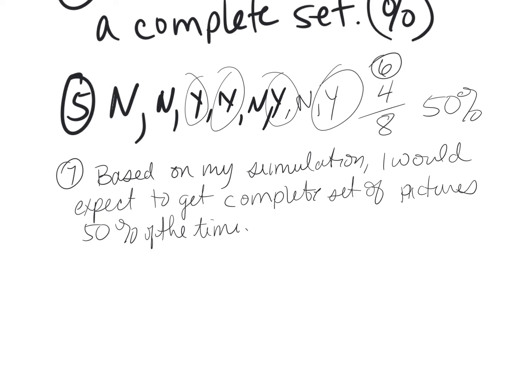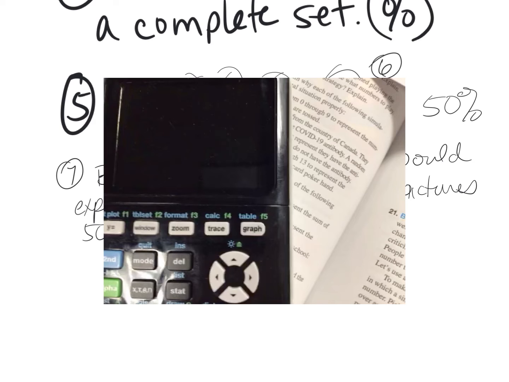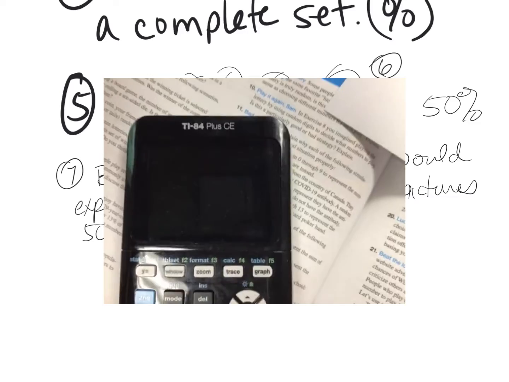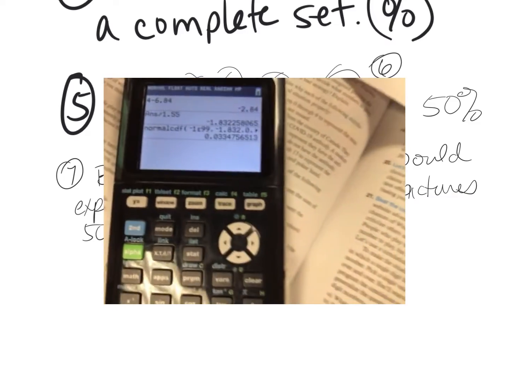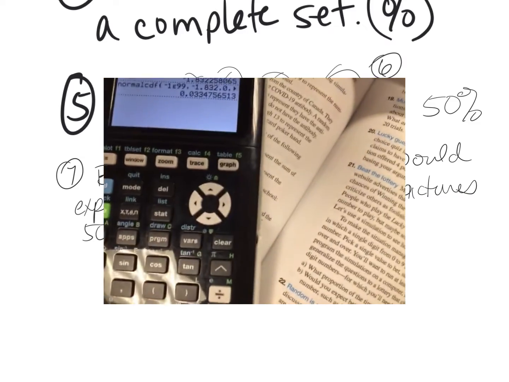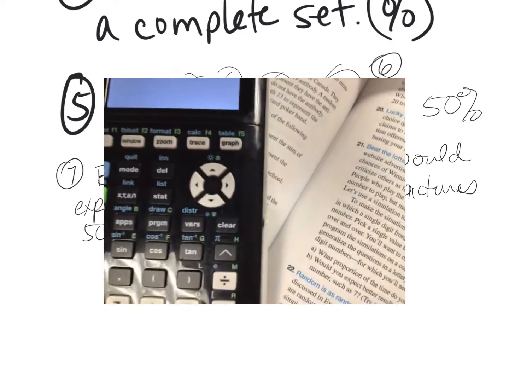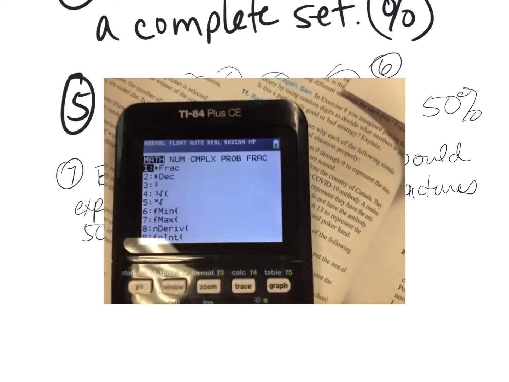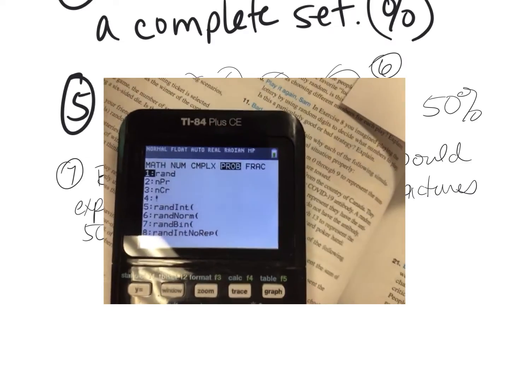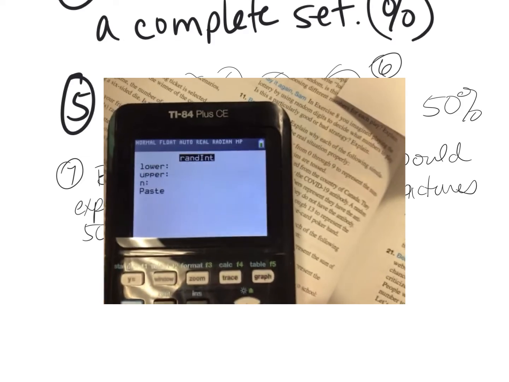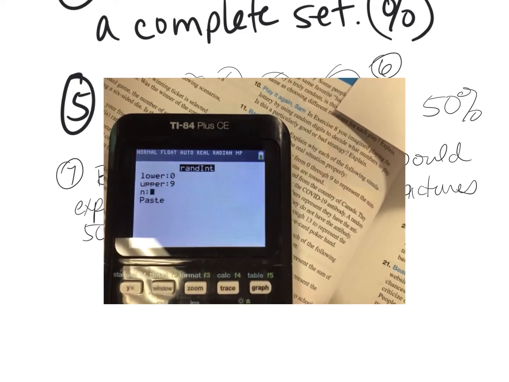So, and if you were using your calculator, do you want me to show real quick the calculator? Yeah. How would we do this with the calculator? So instead of saying use a random digit table 2 digits at a time, we explain what we plugged into the calculator. Use randint 0 to 9. So math, probability, randint, 0, 9, 5.